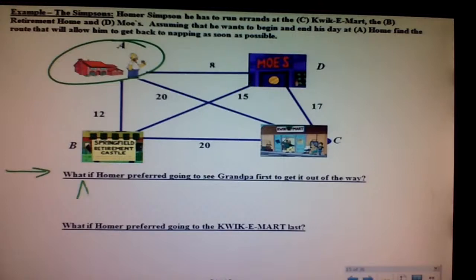So, A to B. That's from home to Grandpa. We have to go to every destination. So C to D and back to A. So he can go from home to the retirement home, to the Quickie Mart, to Moe's, and back home. How else can he travel if he wants to start at home and go to Grandpa?